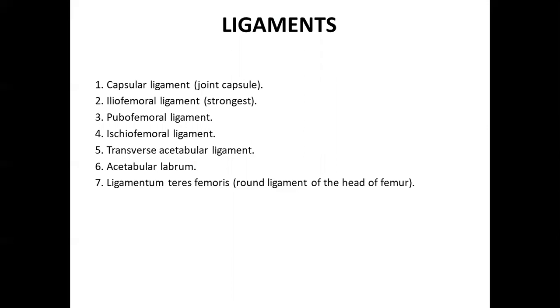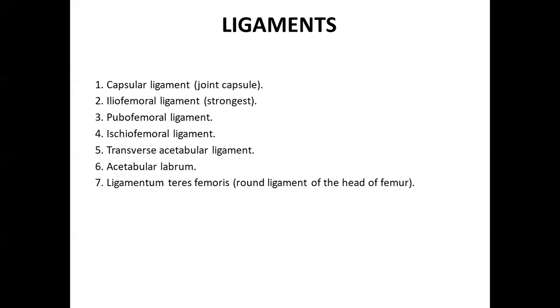Then, because this joint is formed by the femur and the hip bone, and you know that there are 3 parts of the hip bone, we have the ilium, the ischium, and the pubis, we will remember one ligament from each of these parts. So we'll have the capsular ligament, then the iliofemoral, the pubofemoral, and the ischiofemoral. Okay.